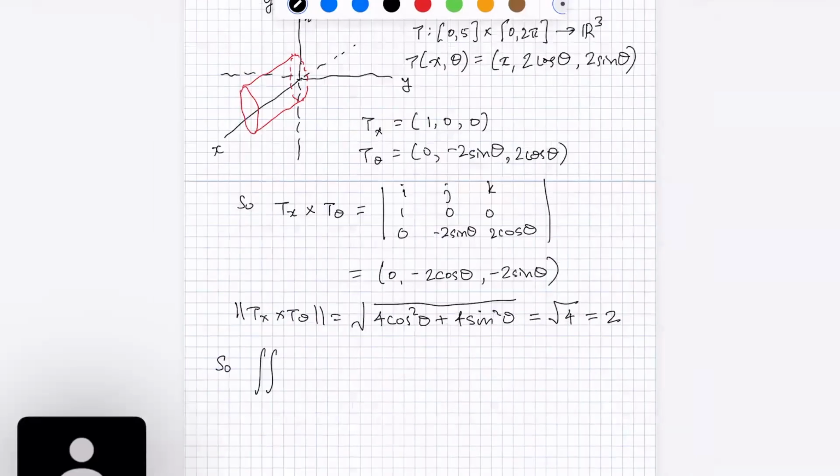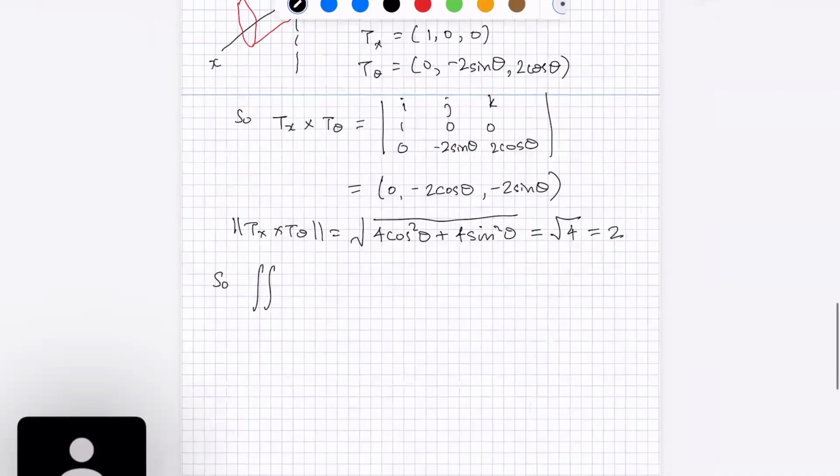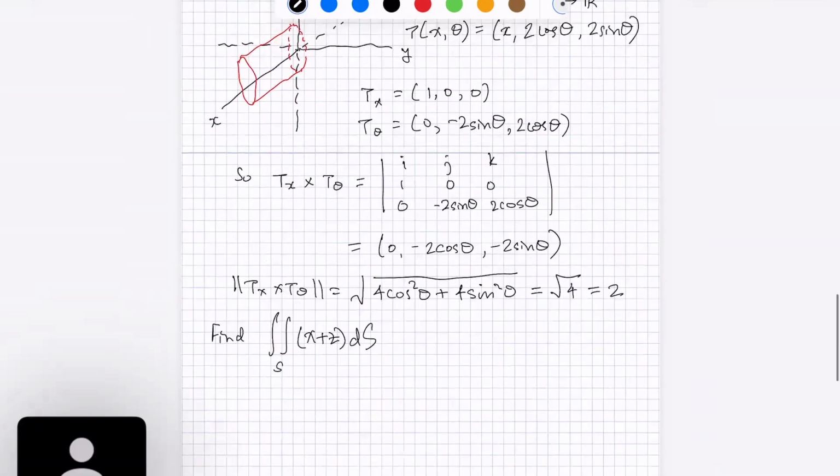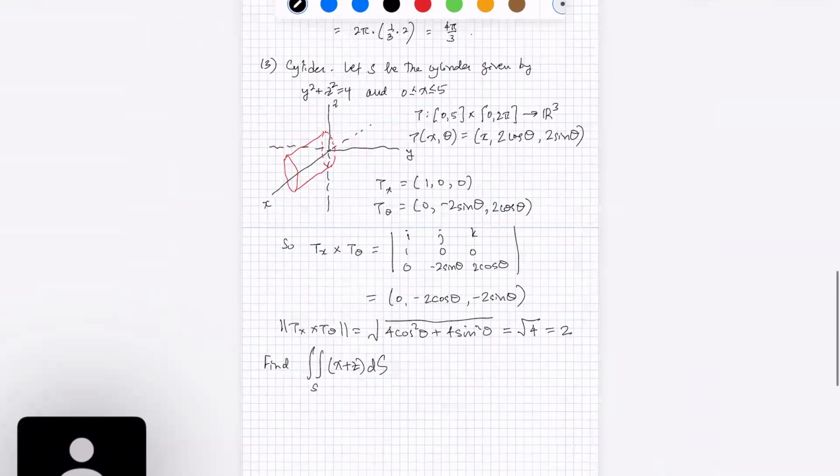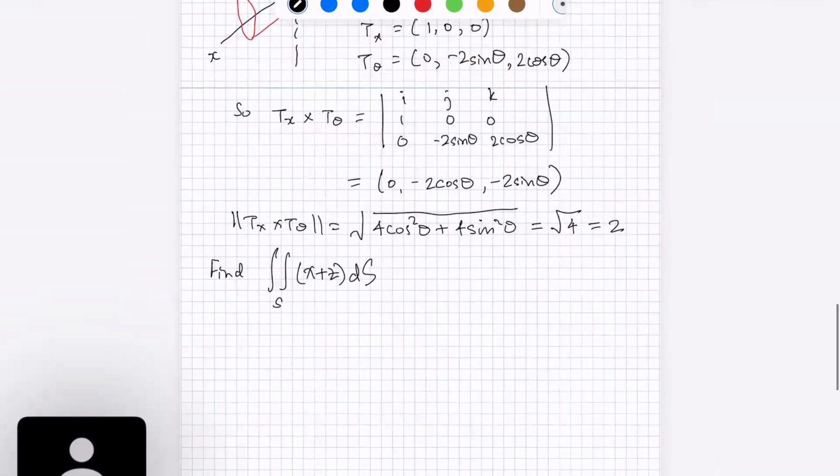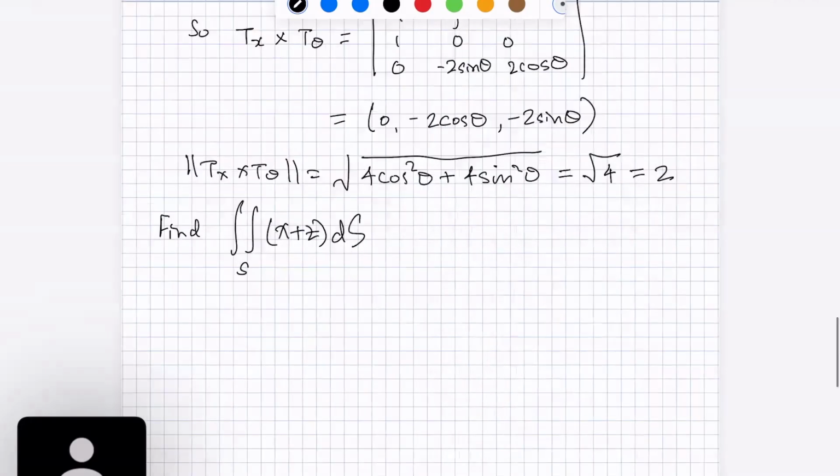So let's integrate, say, x plus z. So find the integral over the cylinder of x plus z dS. The first part is only figuring out what the surface element is. And as we remember, this guy is interpreted to be the density.